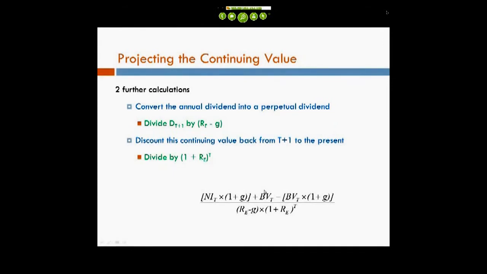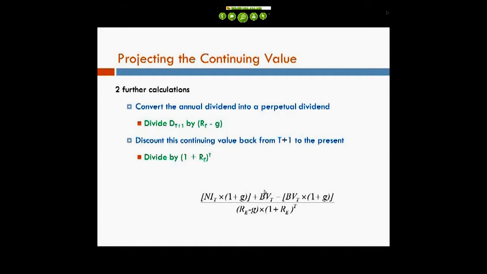So now you have 2 other calculations. You now have this thing in year 6. The first thing you need to do is to make it perpetual. And all you do is you divide this dividend that you just calculated by your required rate of return on equity minus your growth rate.